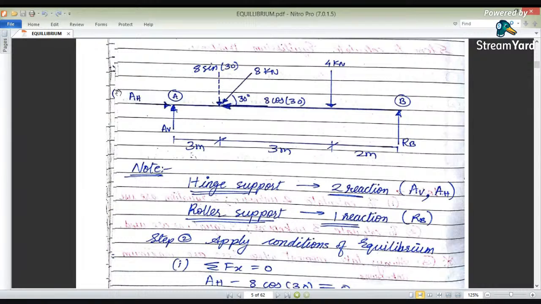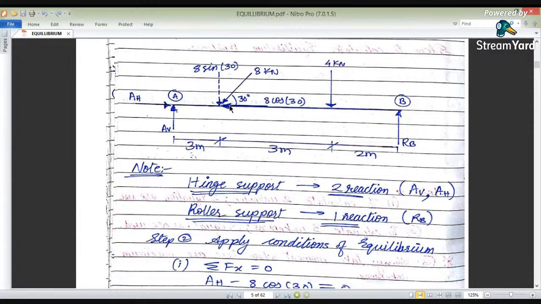Okay, so here we first use the equilibrium condition summation of Fx is equal to 0. That means all horizontal forces are balanced. You'll see in the figure how many horizontal forces there are. Only one force is moving rightwards, whereas 8 cos 30 is moving to the left side. That means it has been balanced.